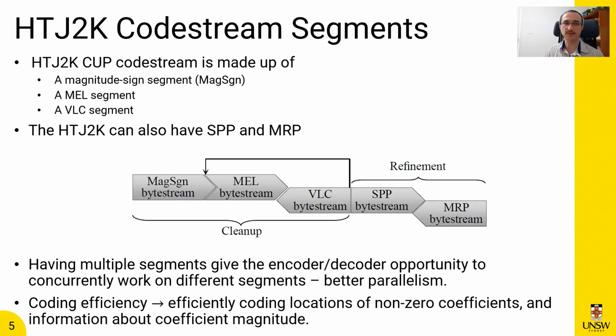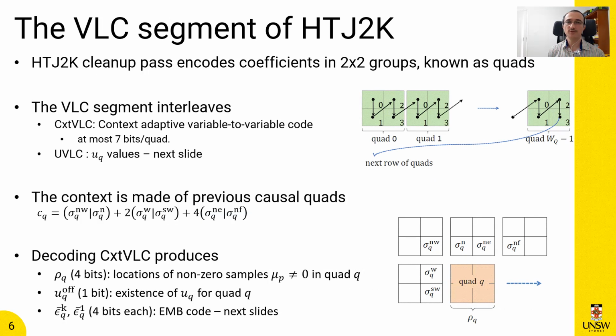Coding efficiency is obtained by efficiently coding the locations of non-zero or significant coefficients and information about their magnitude. This is true for JPEG, JPEG 2000, among other schemes. The high-throughput JPEG 2000 cleanup pass encodes samples in 2x2 groups, known as quads. See the figure. The VLC segment interleaves two types of information: context-adaptive variable-to-variable codes in context VLC and new values in UVLC.